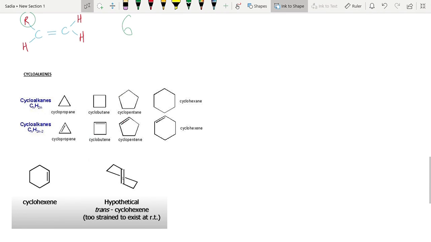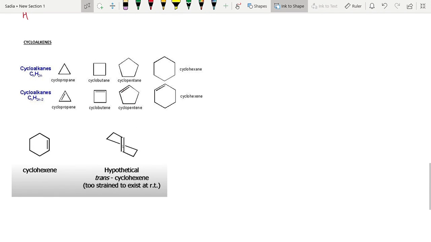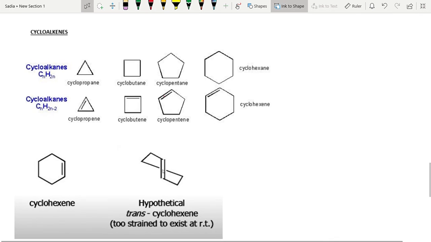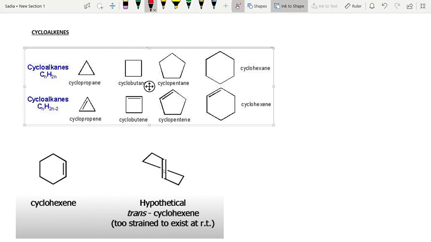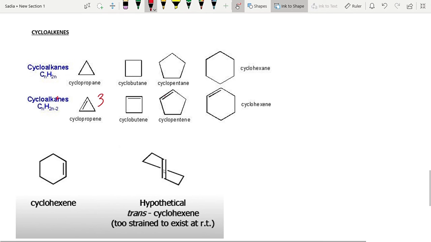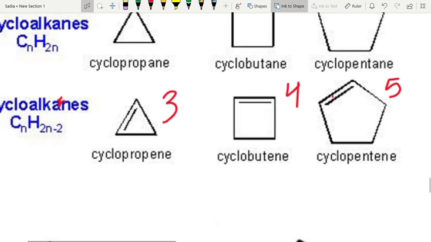Now if we look at cycloalkenes, they're very similar to cycloalkanes again, but the thing that we have to notice here is that all the cycloalkenes, there's a mistake, this is cycloalkene. So from carbon 3, 4 and 5, they only exist in cis form, which means, as you see here, let me zoom in, right?